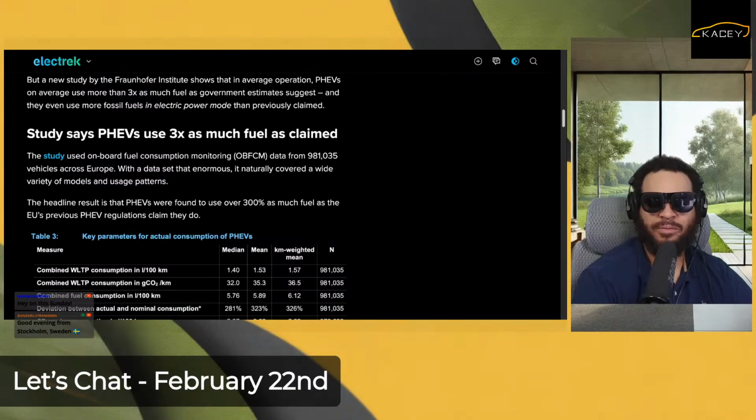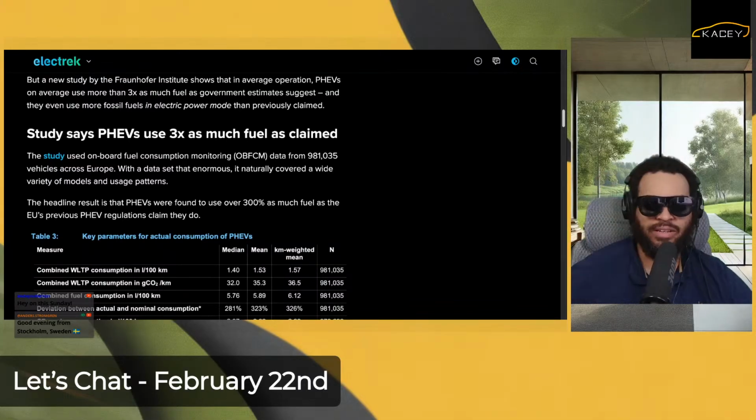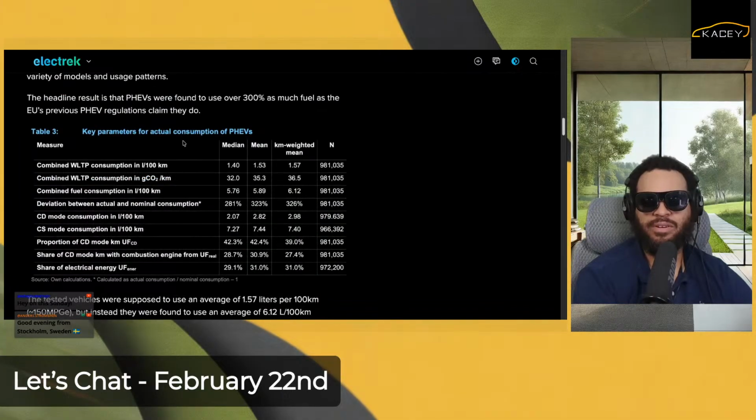So if you're not as efficient, you're going to burn more electricity, and if your electricity is fossil powered, they're going to use more there too. The study used onboard fuel consumption monitoring from 981,035 vehicles across Europe. With a data set that enormous, it naturally covered a wide variety of models and usage patterns. The headline suggests that PHEVs were found to use over 300% as much fuel as the EU's previous regulations claimed.